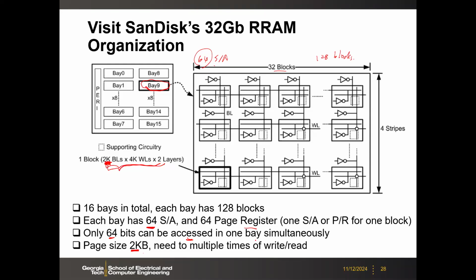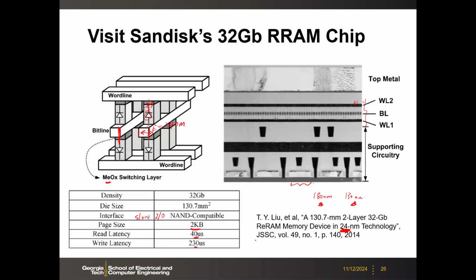But the fundamental reason, I think, is because the logic process, as I mentioned earlier, is an old technology node, right? So you see that the transistor is huge, and your memory is pretty small. So even in one subarray, you do not have too much space to have this many transistors underneath, because memory is pretty small and the logic transistor is very large.